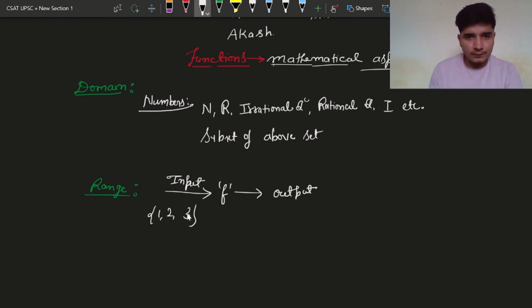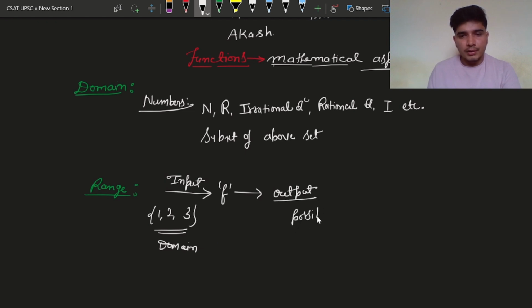It is also a subset of the above sets, so we can consider this our domain. And when we get all possible outputs by giving these three numbers to this function, whatever the function may be, I will go into that later.